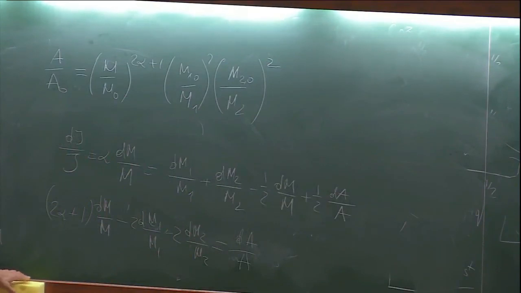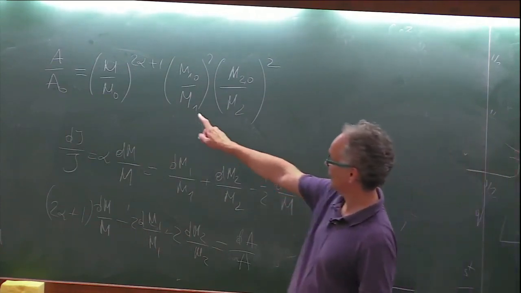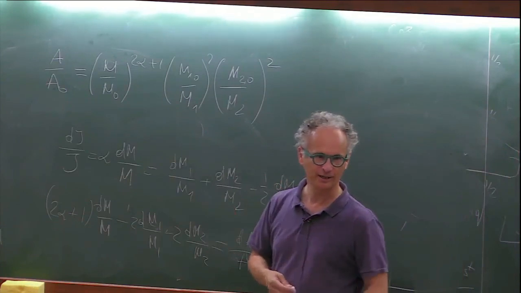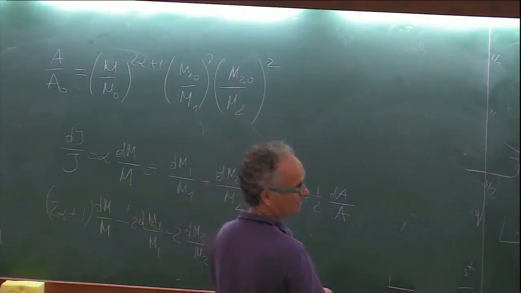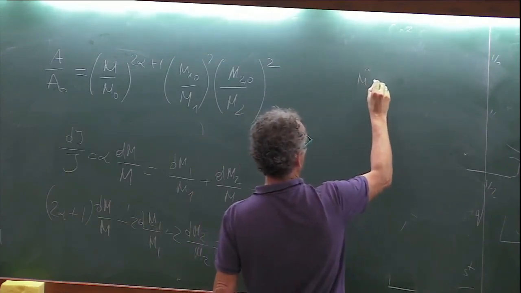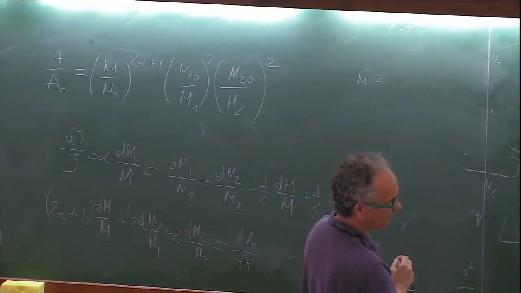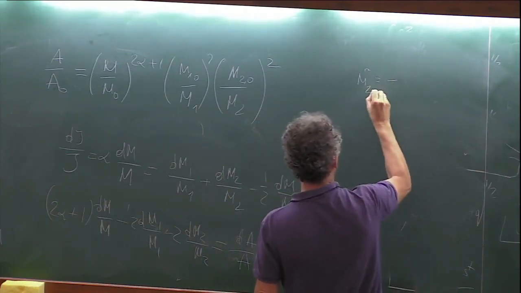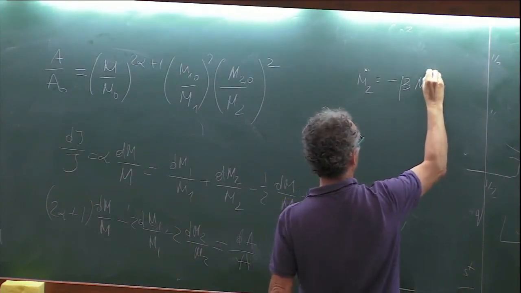And of course, the parameter beta sits in the fact that the changes of M1 and M2 are not independent, but say in this case M2 dot is equal to minus beta M1 dot.